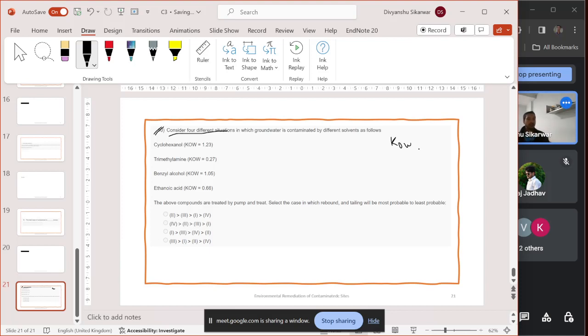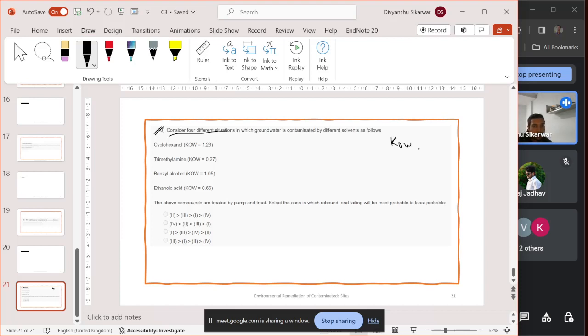Basically, we can determine whether the contaminant is soluble, and whether it is at the lower end or higher end of solubility in water. KOW value is given for four different contaminants, and you have to arrange them. All components are treated by pumping, using the pump and treat method.